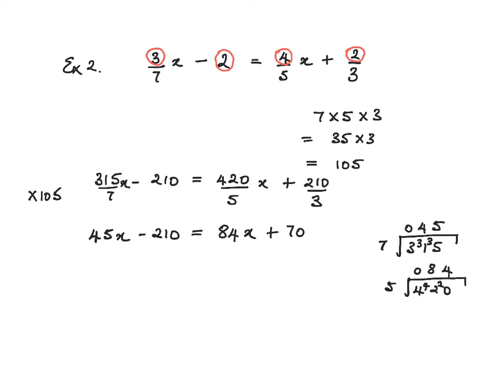Now, so we've got an equation with 4 terms, 2 letter and 2 number terms. We know what to do here. Deal with the letter terms first of all. Gather the letter terms onto the side which has the greater number to start with. So I'm going to get rid of the 45x from this side. That's 39x.